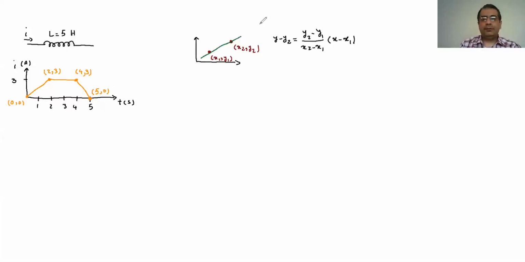So if I want to write the I value, the very first one, how much is going to be the I over time, between 0 and 2 we know it goes from 0 to 3, so it's going to be I minus 0 equals I2 minus I1, which is 3 minus 0, divided by x2 minus x1, which is 2 minus 0, and then x minus x1, where x is going to be t here, minus 0.